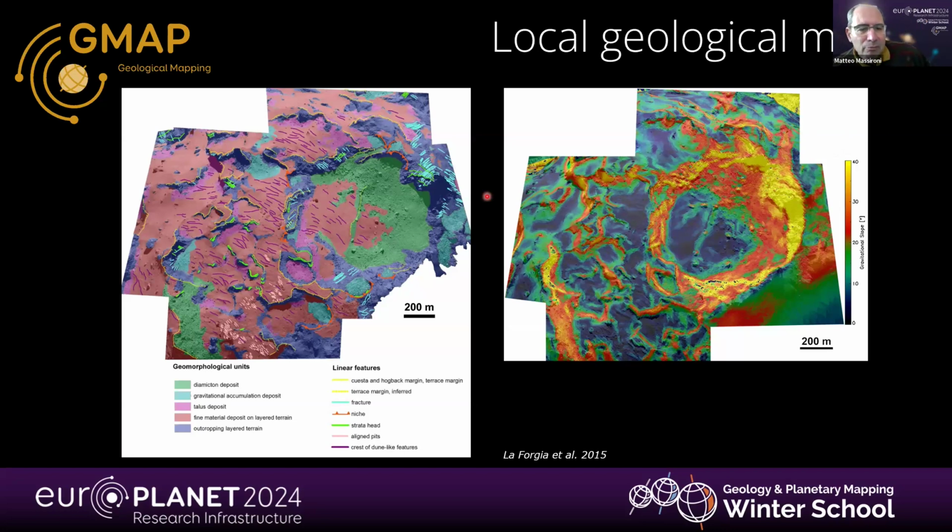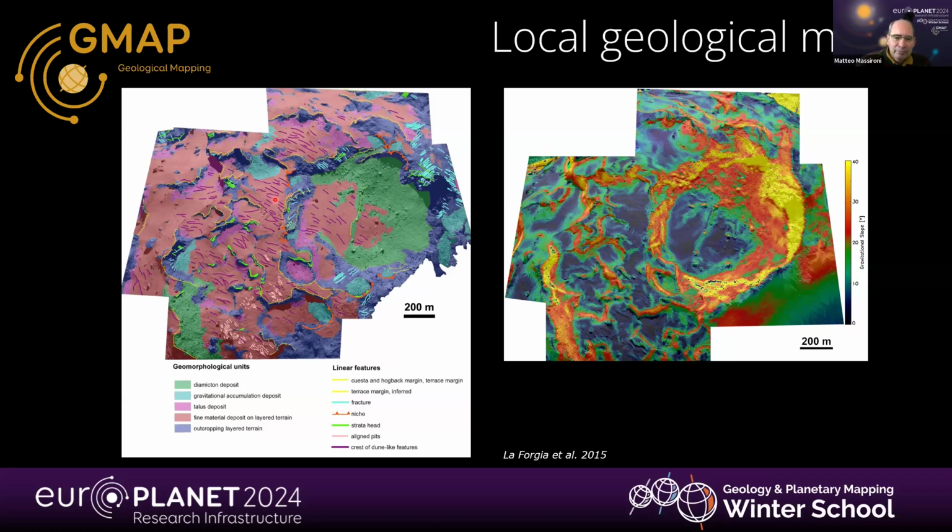So you can see breccia-like diamicton deposits, you can see talus, you can see the outcropping material, you can see different lineaments of fractures, because we have said we have many fractures, niches, and even some crest features. And some of them can actually be kind of dune-like features that can be created by sublimating outbursts that are parallel to the surface themselves.